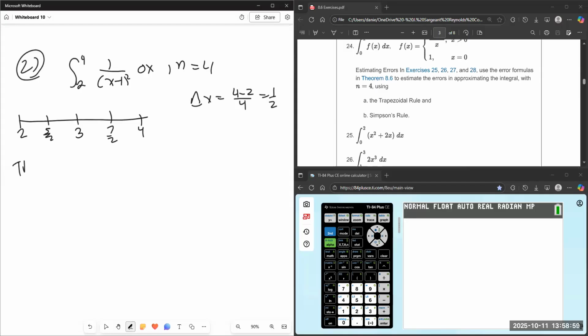So my trapezoidal rule will be half of delta x is a quarter, third of delta x is a sixth.